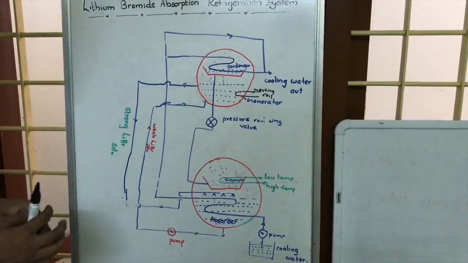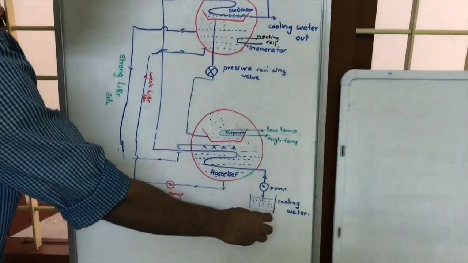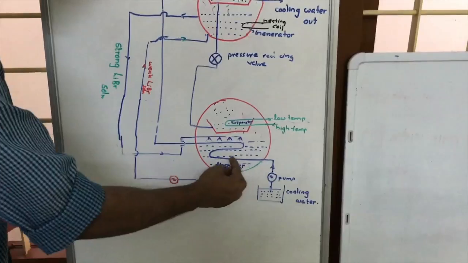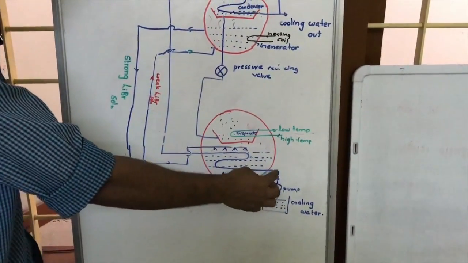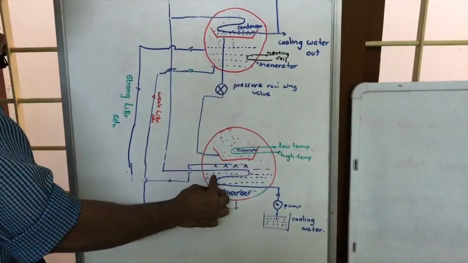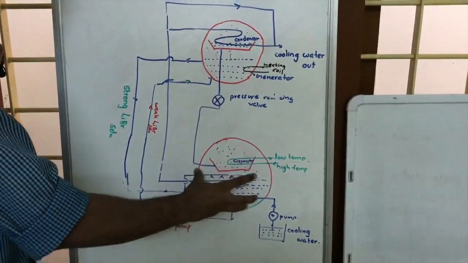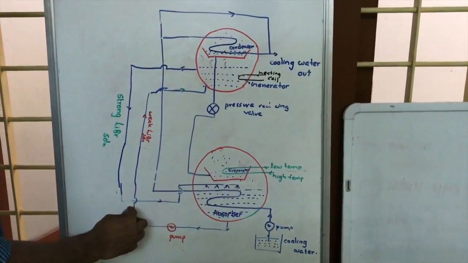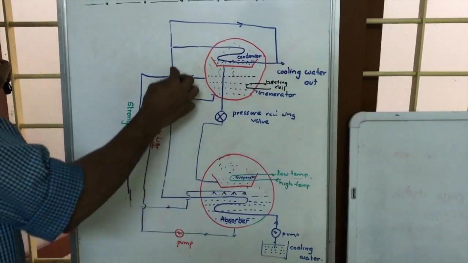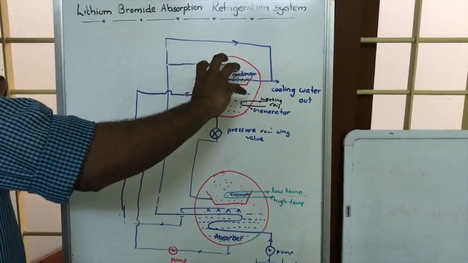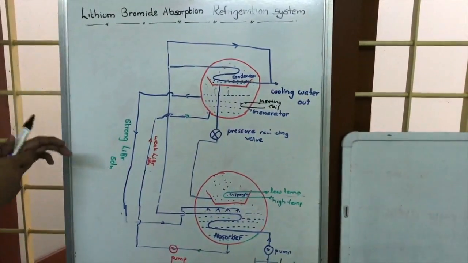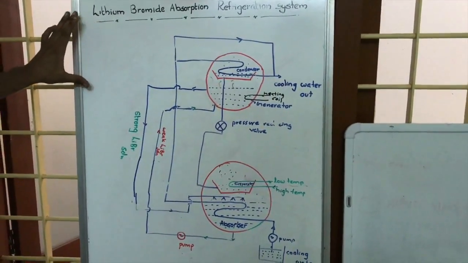Now the thing to be noted is, from the cooling water we are taking a portion of the coolant water. That coolant water is used to cool this absorber, and also a portion is used to cool the water in the condenser. So this is a lithium bromide absorption refrigeration system.